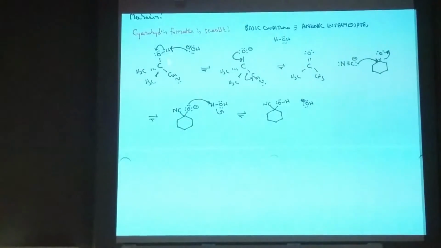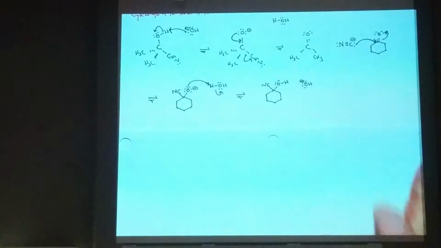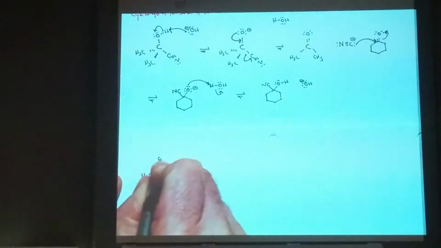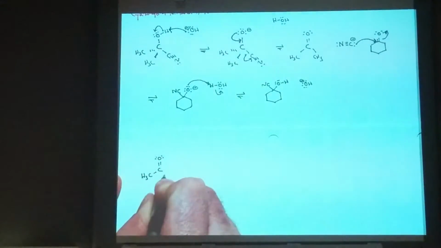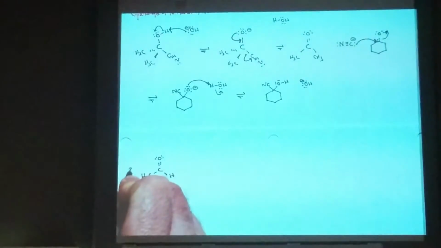Under basic conditions, negative charges are reasonable. Under acidic conditions, positive charges are reasonable. This next one's a fun one. This is not one I've ever put on a test, but there's nothing unreasonable about it, and it's not even that bad a mechanism.